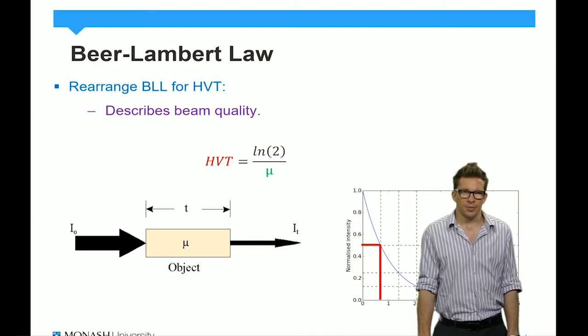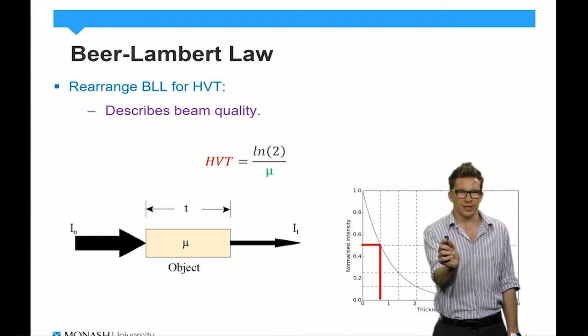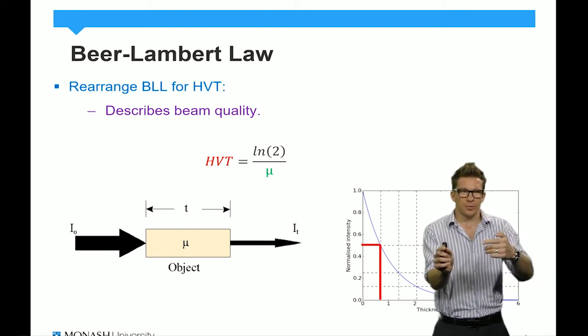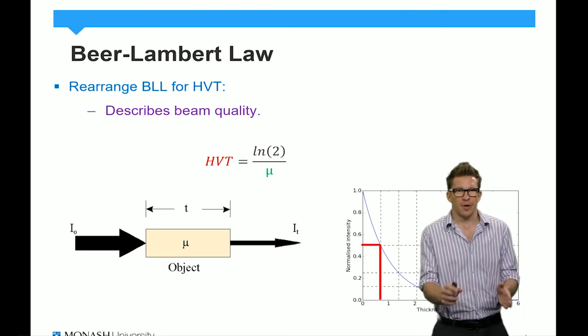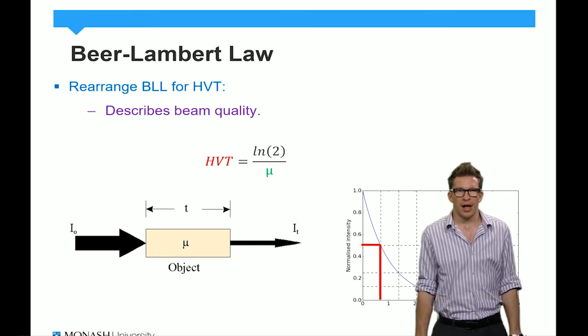Now in this example, the material I've chosen to plot has a half-value thickness of about 0.7 millimeters. So we can see that when I put 0.7 millimeters of thickness of material between the incident X-ray source and the detector, I0 diminishes by half, so 50% of the incident X-rays come out the other side of the material. If I put another 0.7 millimeters, that's then going to drop by half again.